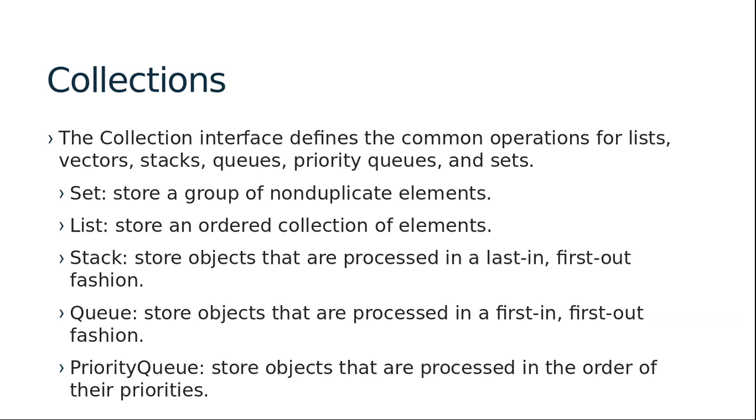These are the common collections in the collection framework of Java: a set, which will store a group of non-duplicate elements; then a list, which is just an ordered collection of elements; then there are stack, queue, and priority queue. You already know a stack is a last-in-first-out data structure. A queue is a first-in-first-out data structure. A priority queue is a queue where each and every element has its own priority.